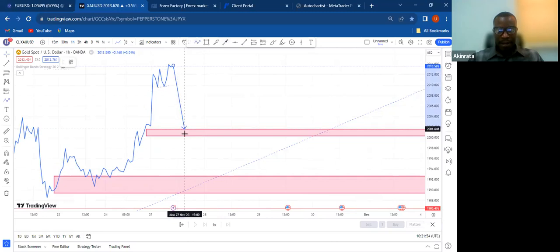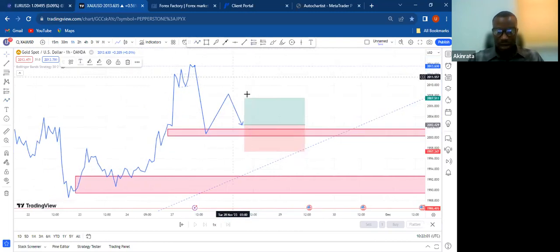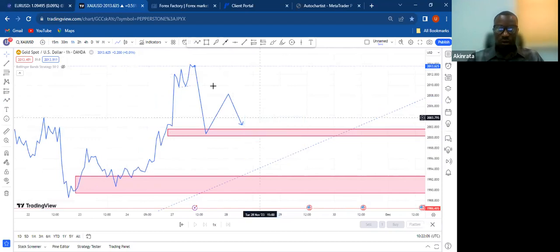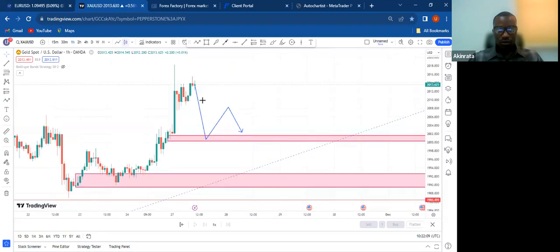So we do something like this. Those are my anticipations on gold. I'm literally looking forward to a sell to buy scenario.